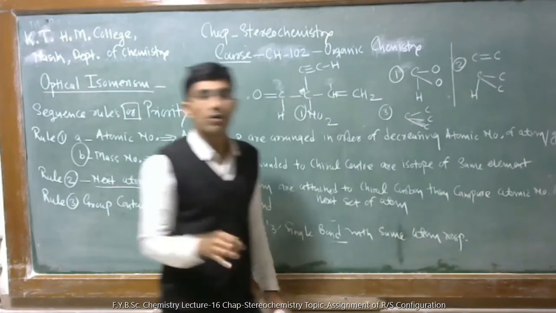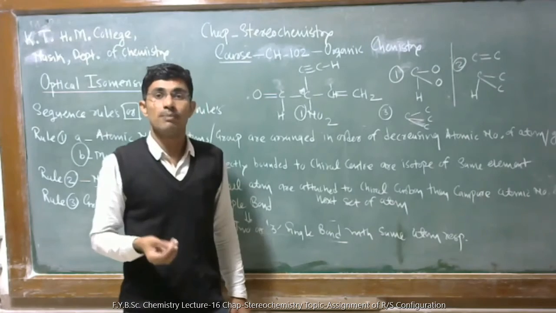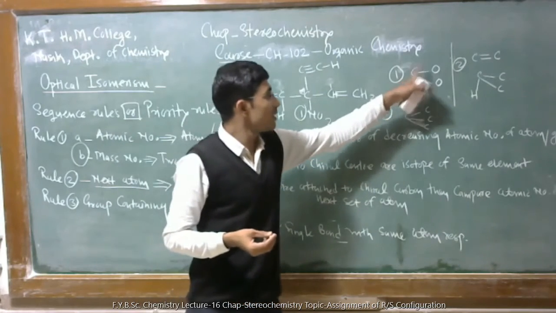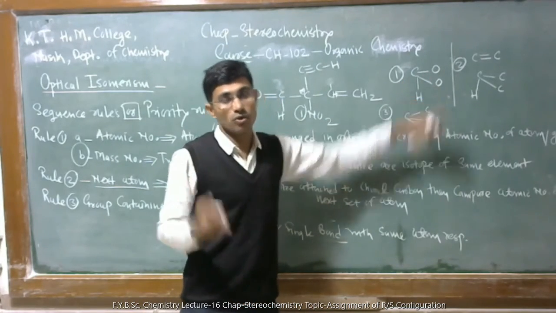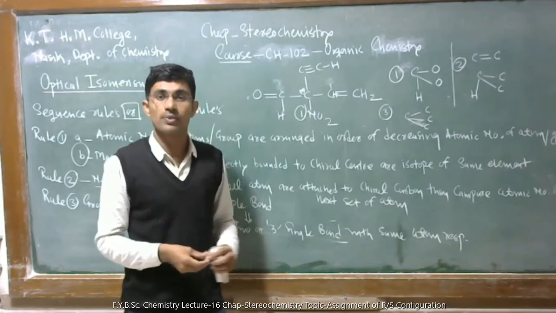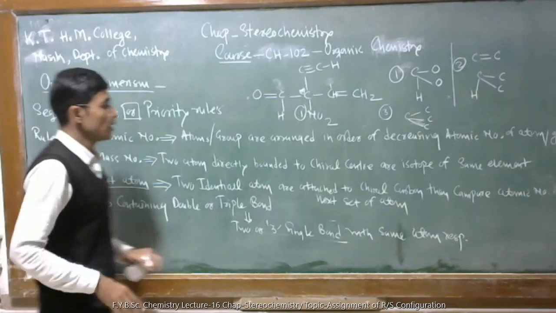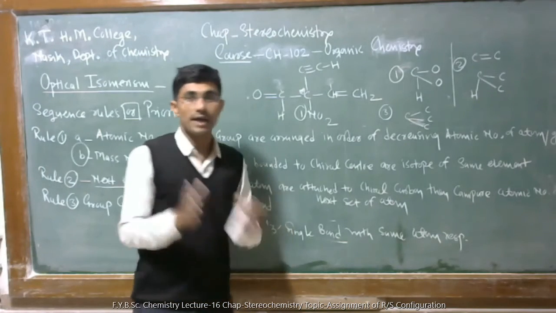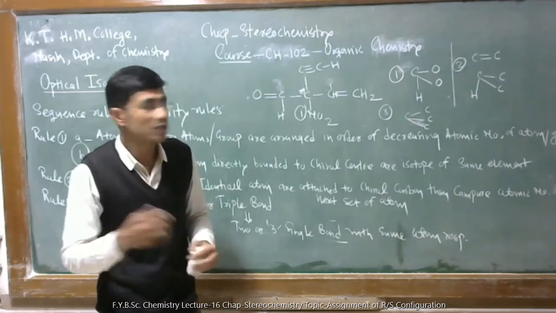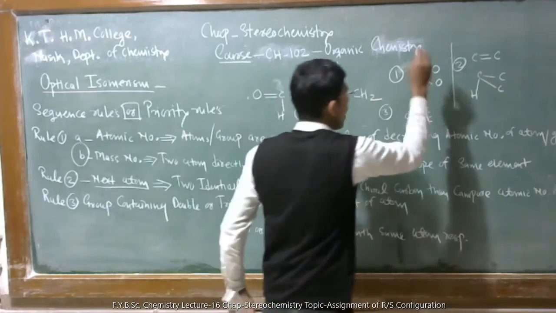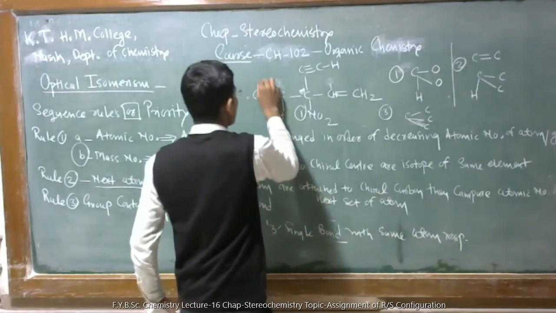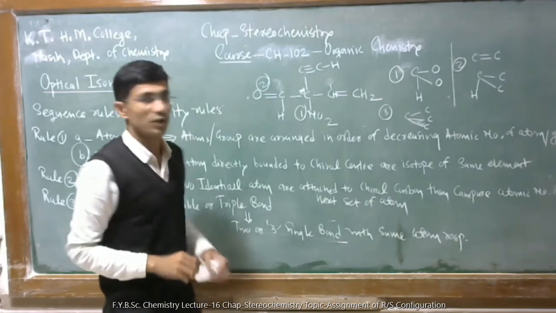Okay. Then you have to do the priority. Here carbon is attached to oxygen. So obviously oxygen has a higher atomic number. When you know that very well, you have to apply rule number two. When 2 identical atoms are present, you have to consider the next set of atoms. Here oxygen has a higher atomic number, so this gets the second priority.